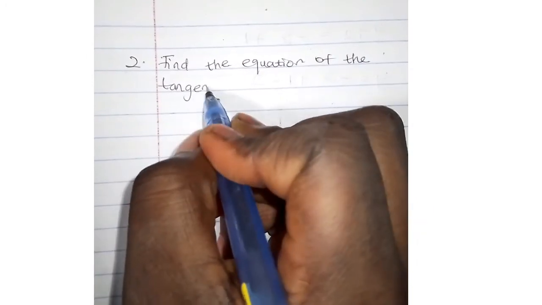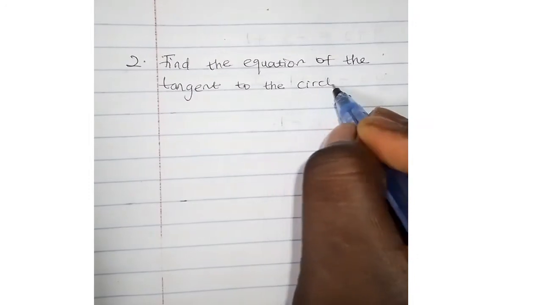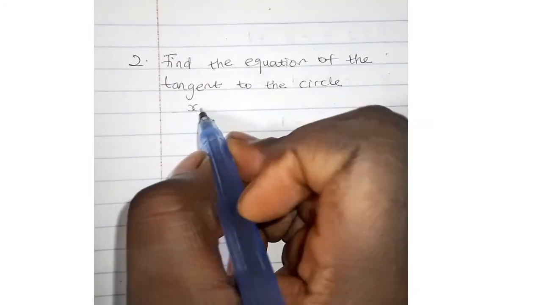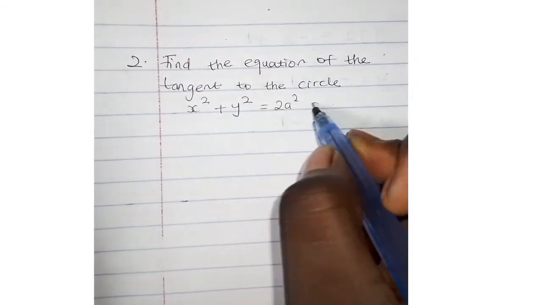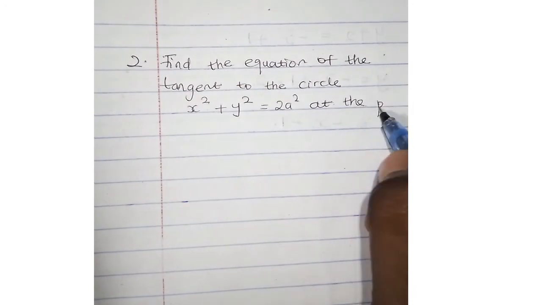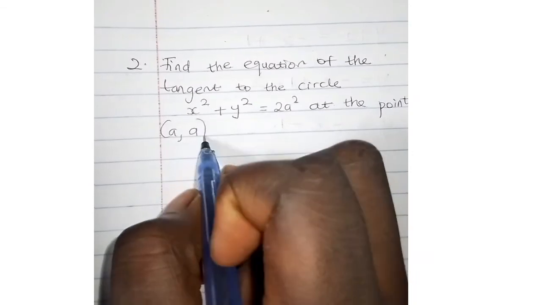The second example, the question says find the equation of the tangent to the circle given by x squared plus y squared equals 2a squared, at the point (a, a).